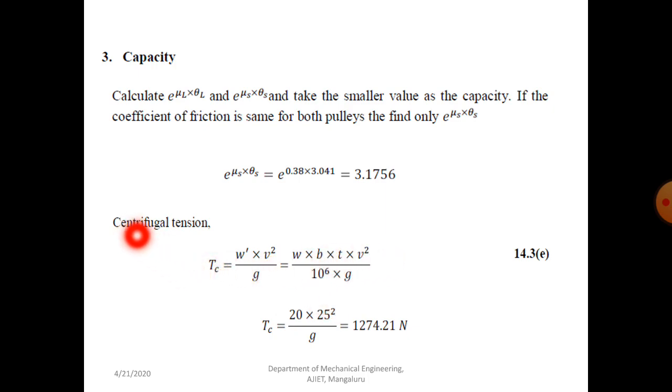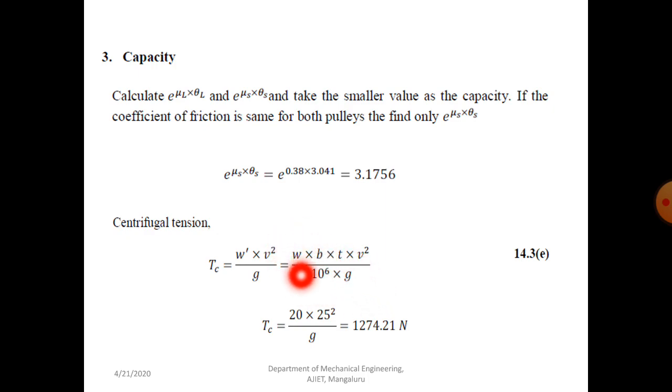Centrifugal tension you can calculate directly from equation 14.3e in your data book, that is Tc equals W dash into V square divided by g, which is equal to W into B into T into V square divided by 10 to the power 6 into g. You can use both equations.